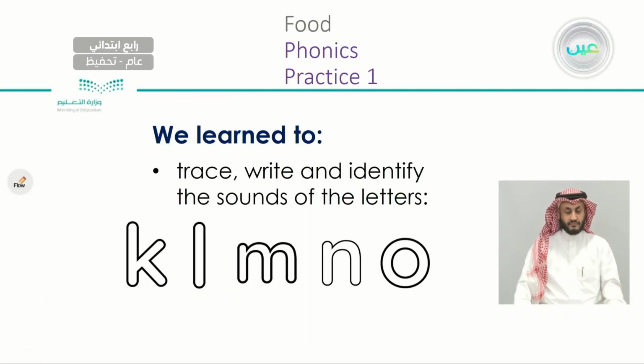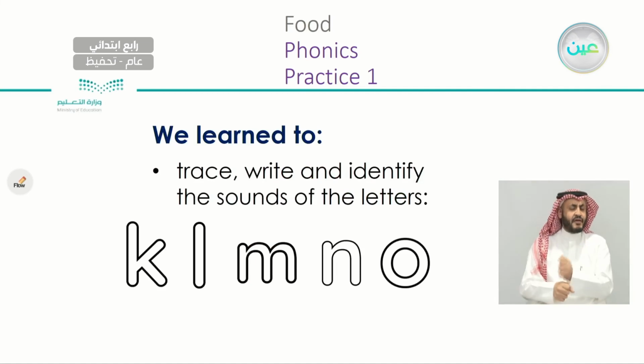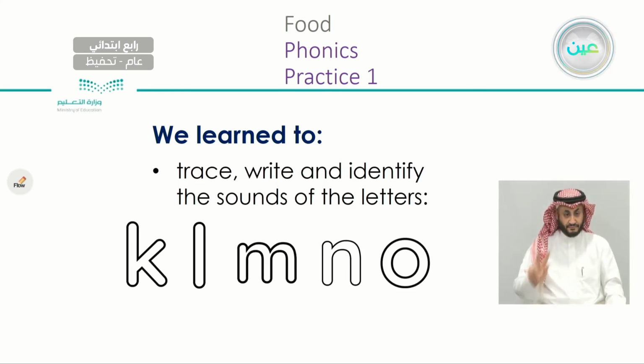So, what did we do today, boys and girls? Today we reviewed these letters together. Can you tell me what they are? Yes, it started with the letter K. Excellent. What's the word for K? Do you remember that fruit? Kiwi. Excellent.